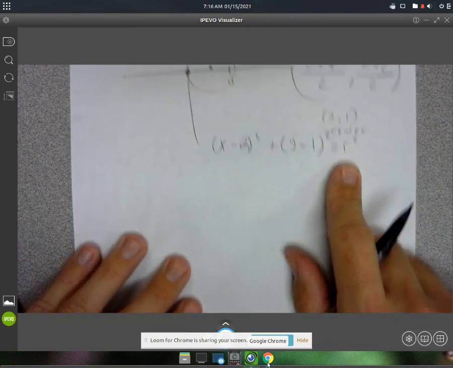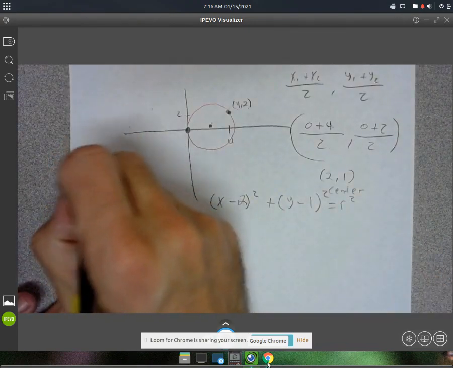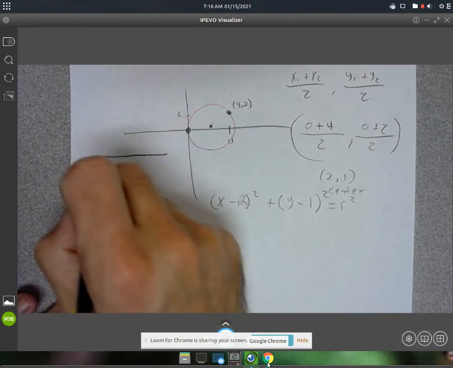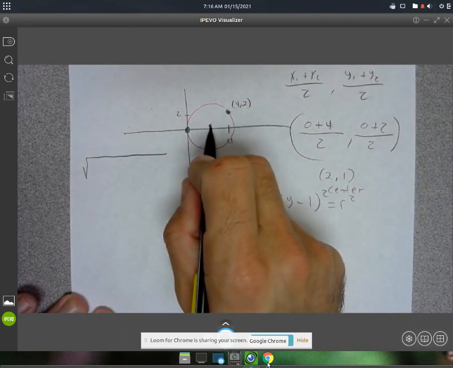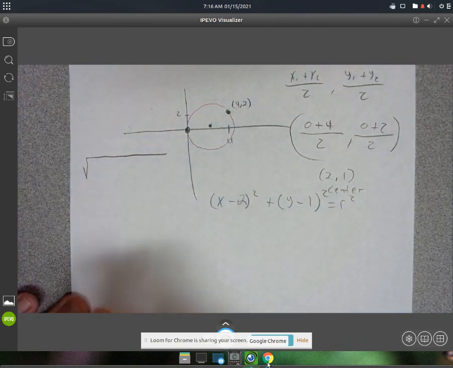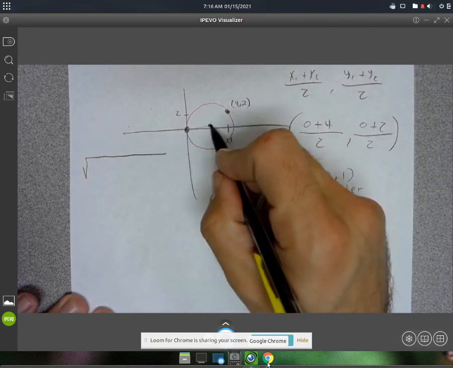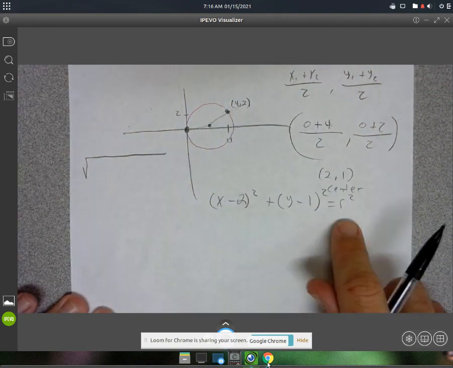Not sure which one you're more comfortable with. I'm going to use the distance formula. I'm just going to use this diameter endpoint because that's easier to work with. The distance from the center to one of these diameter endpoints is going to be the radius.